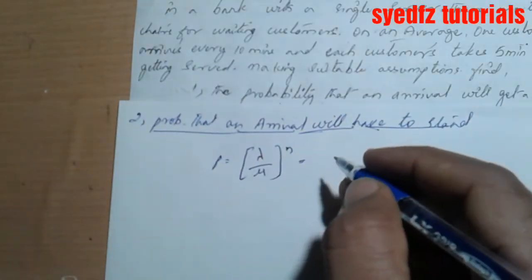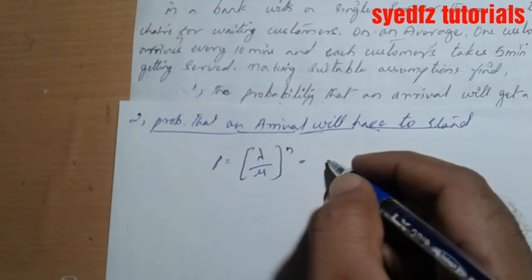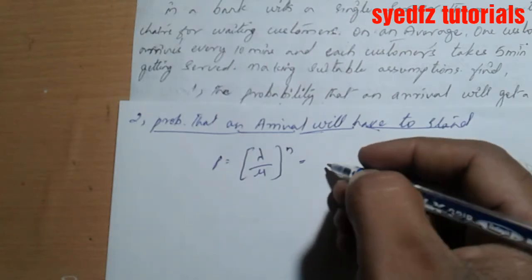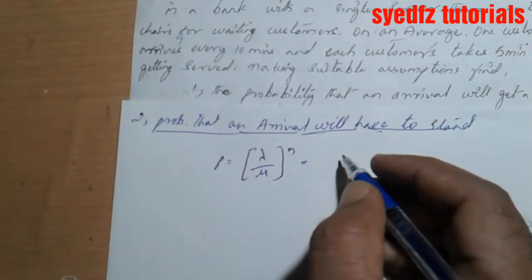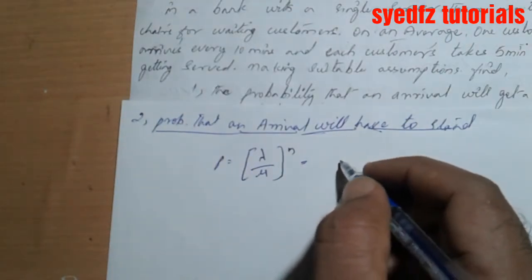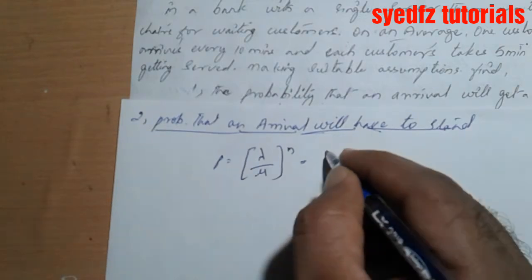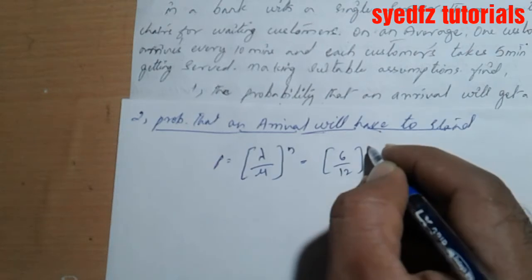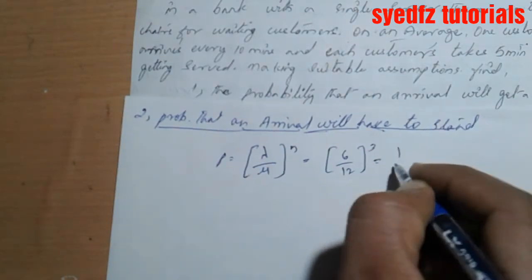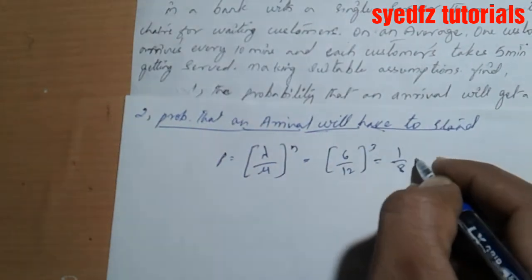How many customers are there? We are expecting 3 customers because 1 is getting served and 2 are waiting. Because 1 is the service chair, 2 are the waiting chairs. So 6 divided by 12 whole to the power of 3 means 1 divided by 8.